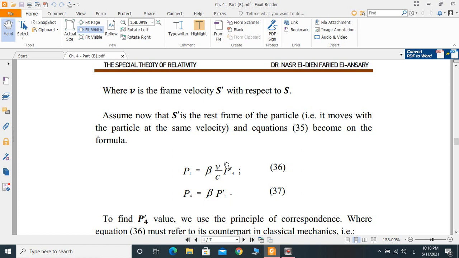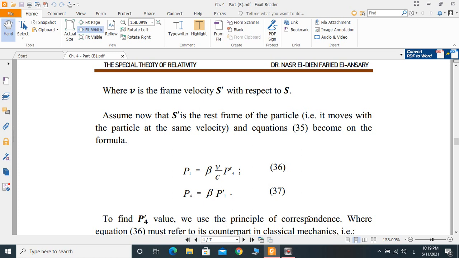To find p dash 4 in these two relations, we use the principle of correspondence.